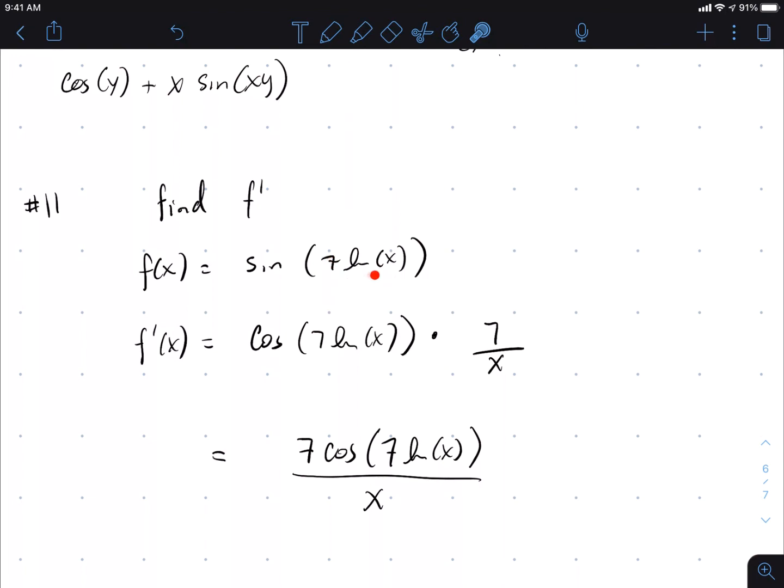What is the derivative of ln of x? 1 over x. So 7 times 1 over x yields that 7 over x. I wrote it like that, and I got the same answer too. Oh, good. Does that clarify it for everyone?